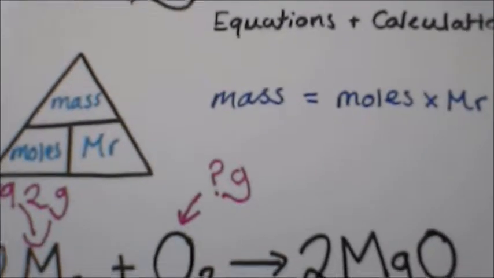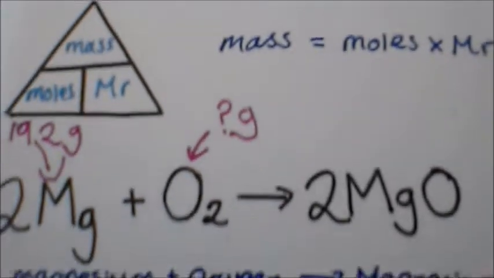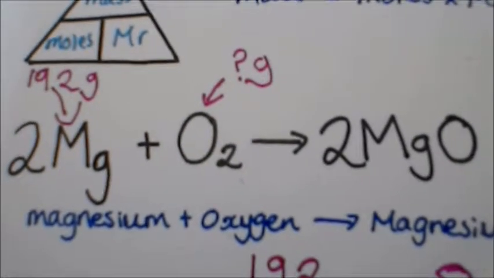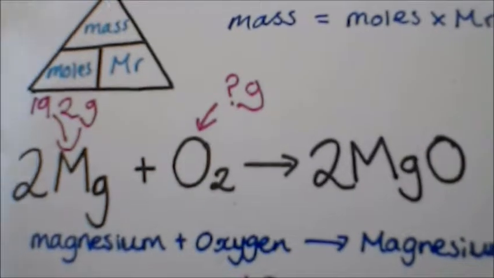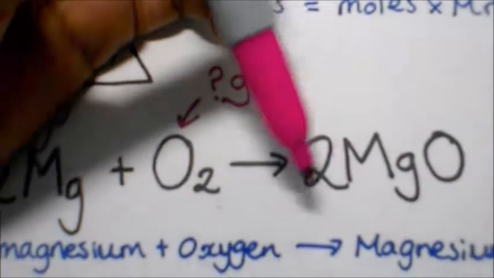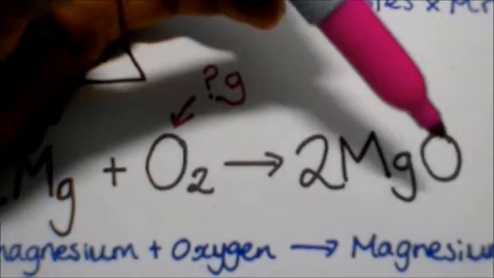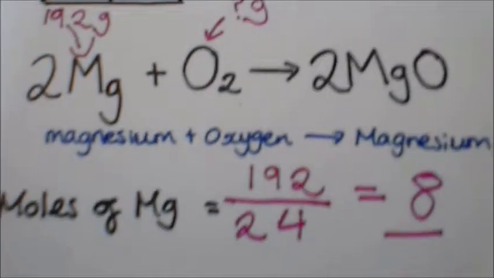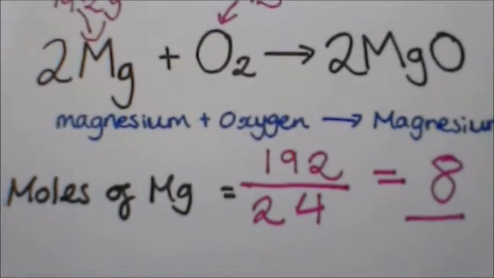So, we have the equation. First step, always make sure the equation is balanced. Now it is because we have 2 magnesiums, 2 oxygens, and on the other side 2 magnesiums and 2 oxygens. So they are balanced. Then you work out the moles of magnesium.